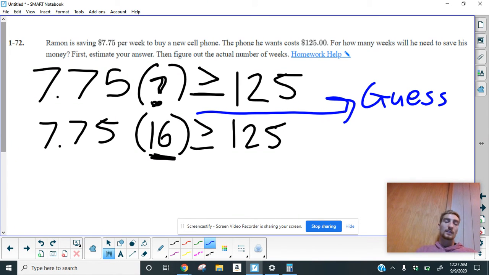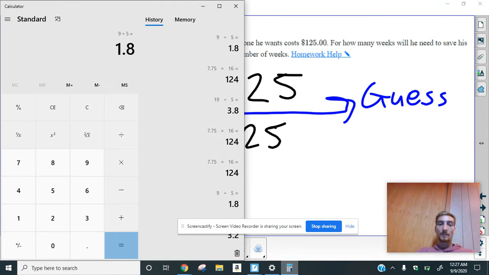Feel confident. So I'm going to grab out my calculator here, and I'm going to type in 7.75, right? How much money we're making each week, and we're going to multiply it by the number of weeks we hope to work, 16, and that gives us $124. So we would be $1 short of buying that phone we want.